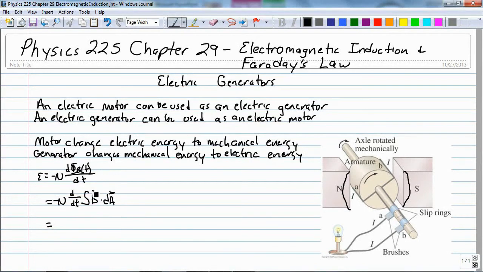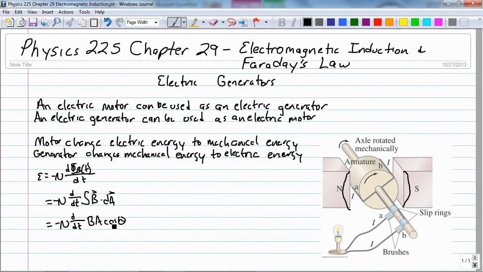We can convert this to the differential of B times A cosine of theta.